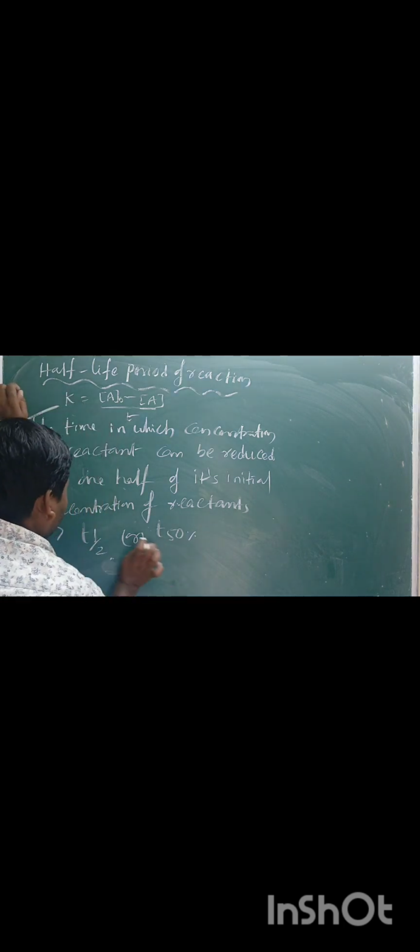Now you can observe here, k is equal to A naught minus, now I am taking here concentration of A as initial concentration A naught by 2, and t is equal to t half. Replacing these terms in equation 1, we will get k is equal to A naught minus A naught by 2, by t.